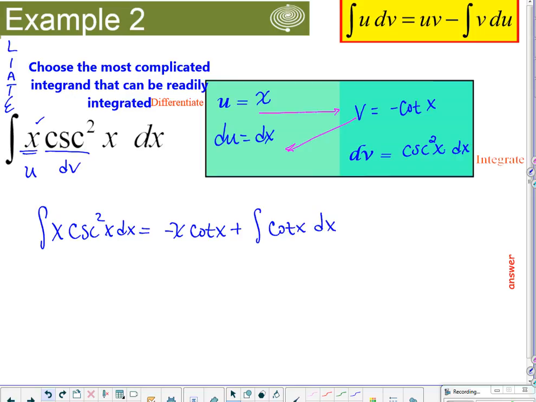The first part we don't have any problem with. That's set, isn't it? Now we just have to figure out what the integral is. It's one of those that you have memorized in the past. I suspect it could be just a little bit foggy to you. It's natural log of sine x plus c.